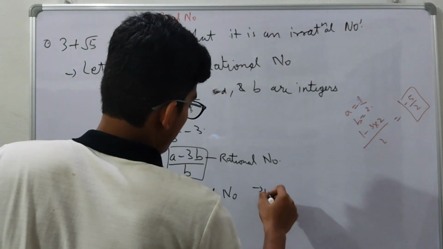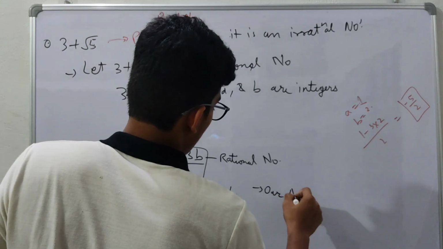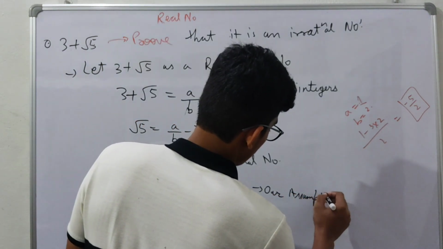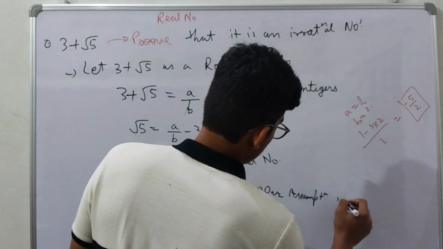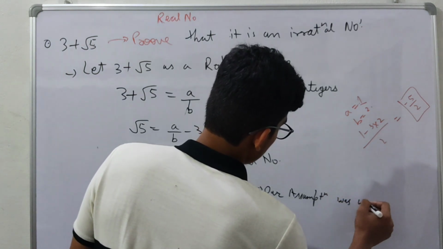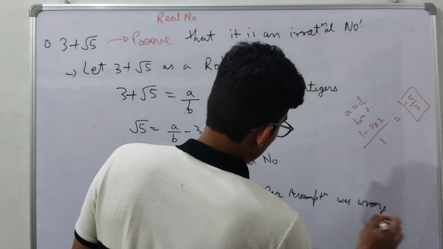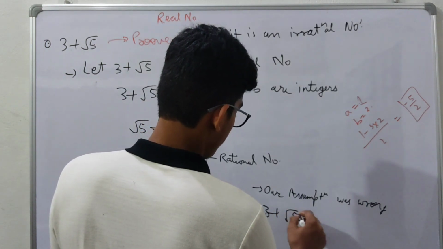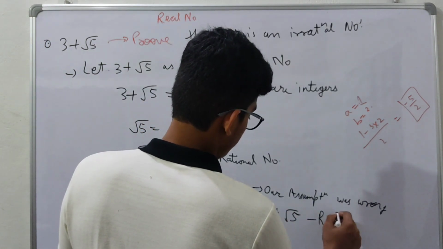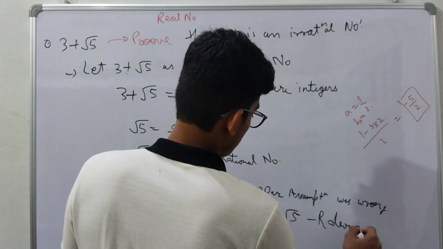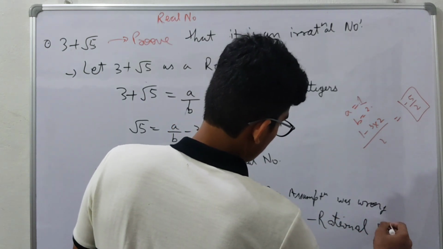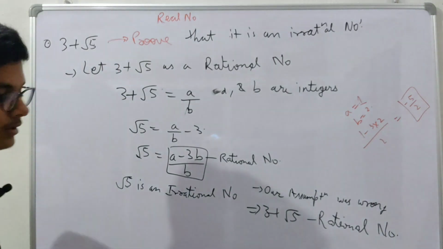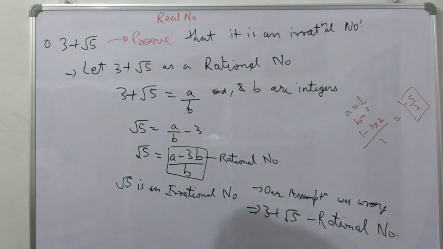Our assumption was wrong, and hence 3 plus root 5 is an irrational number. Now take a screenshot of this.